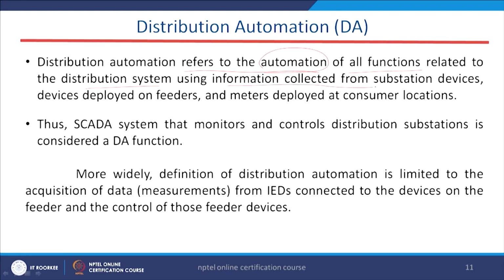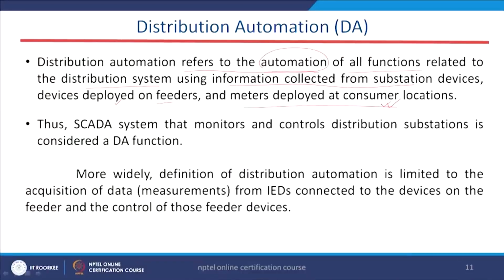Using information collected from substation devices, deployed on feeders, and meters deployed at customer locations. The concept is very easy. This distribution automation system allows us to collect the data or information from the sensors or devices which are located at the consumer locations. And this consumer location data is sent to a central computer center.